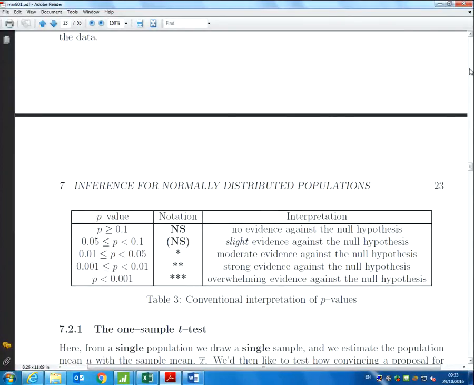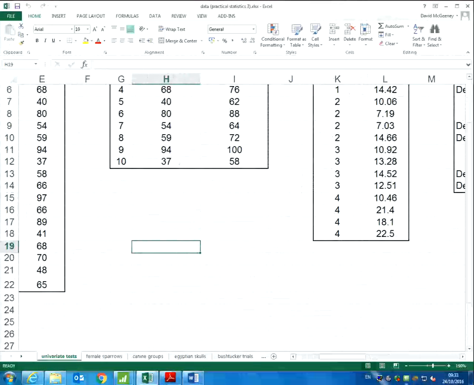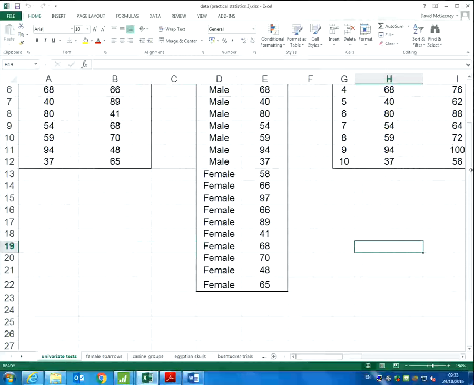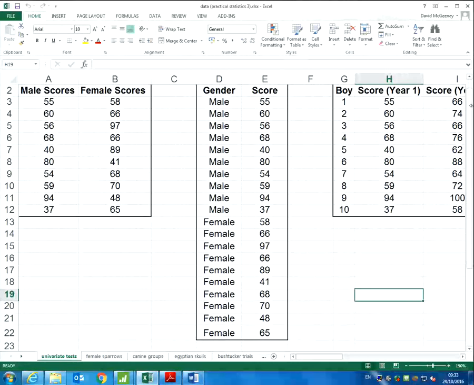So what was the example that we very briefly looked at last week? Okay, columns A and B. What was this? 10 boys, 10 girls, take an exam in maths. And what did we say?